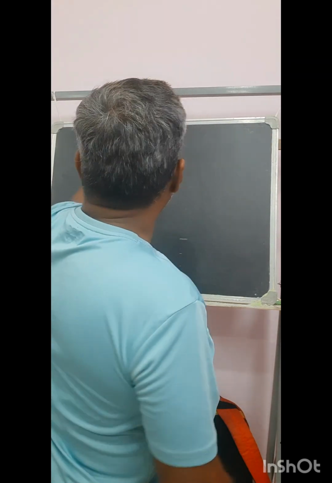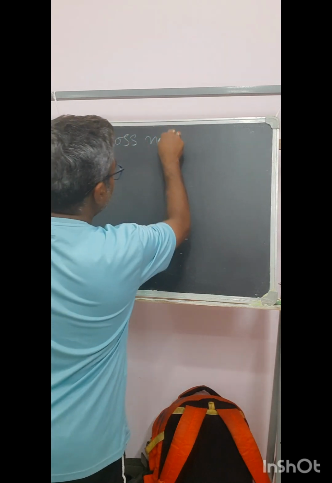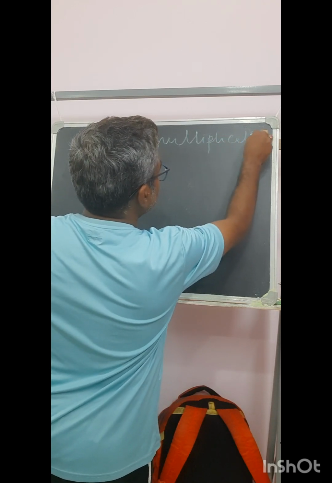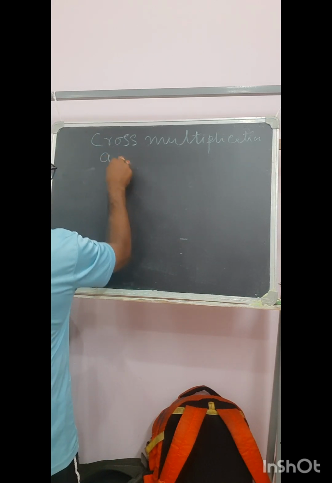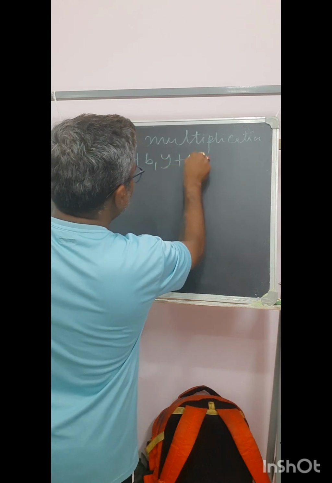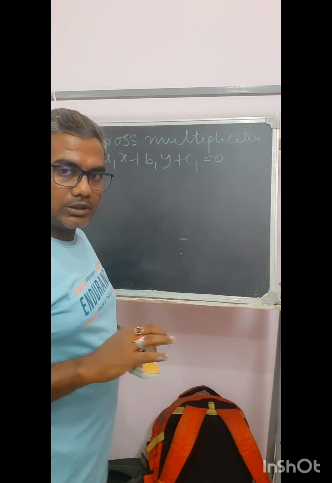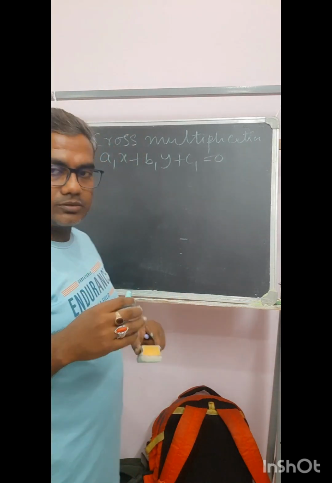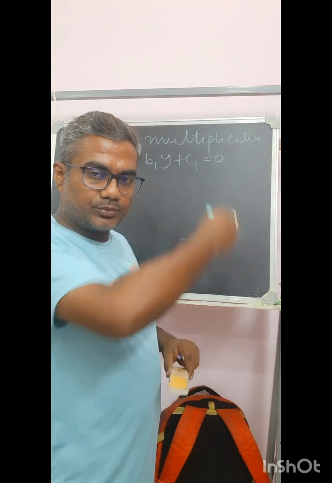The next, the last one, is cross multiplication. So in that I will take the generalized equation a1x plus b1y plus c1 is equal to 0, because I have to establish some empirical formula that will be easier for students to calculate stepwise, not to indulge in following the process always.